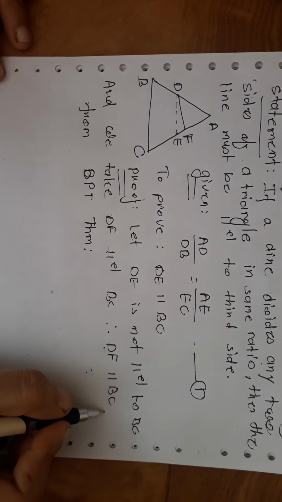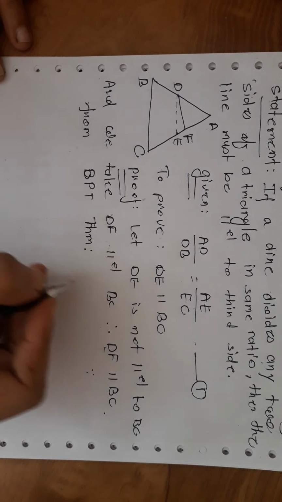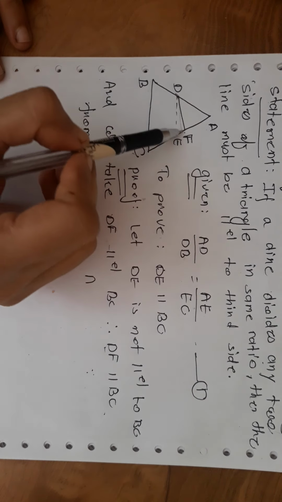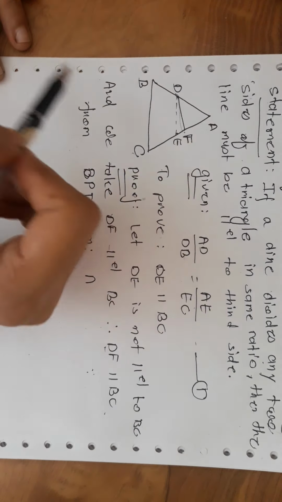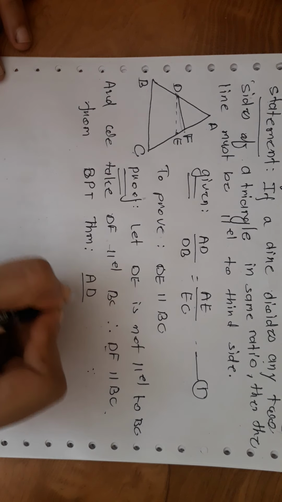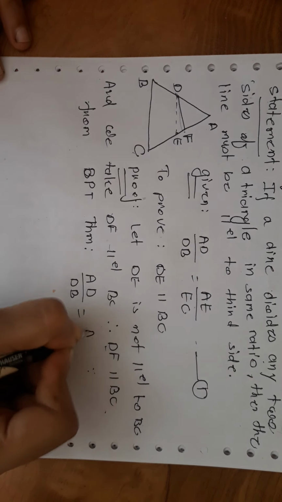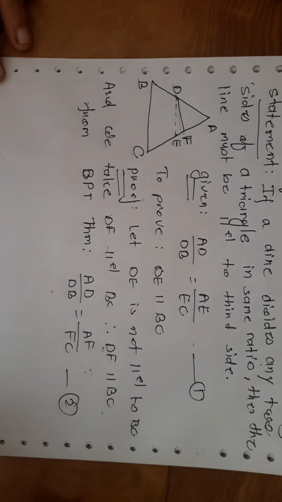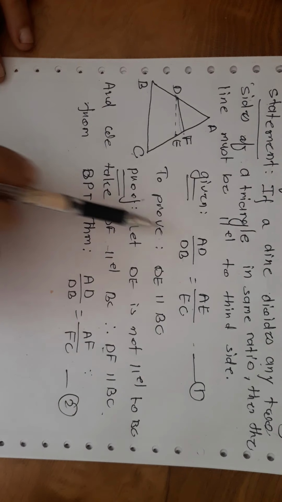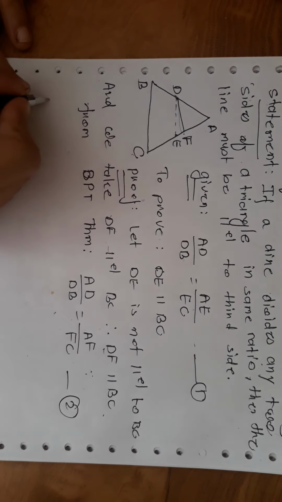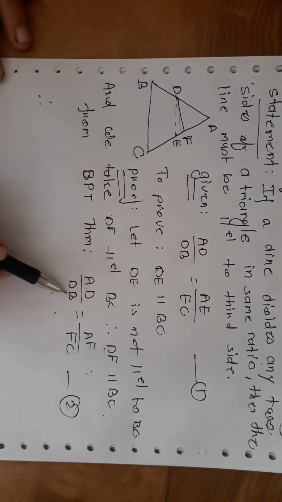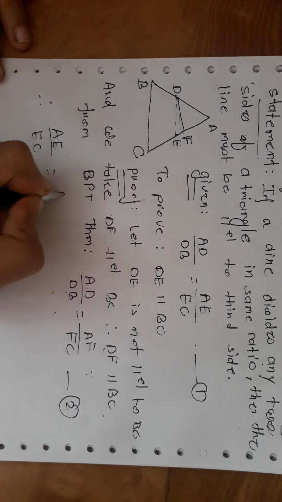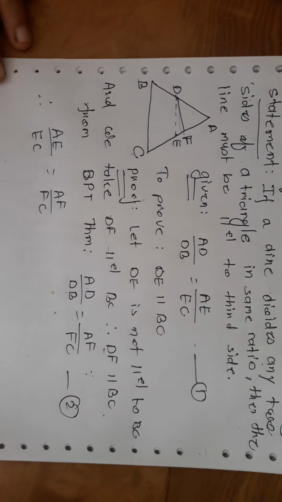Therefore, if DF is parallel to BC, then DF divides the other two sides in the same ratio: AD upon DB is equal to AF upon FC, equation number 2. From equations 1 and 2 we can say that AE upon EC is equal to AF upon FC.